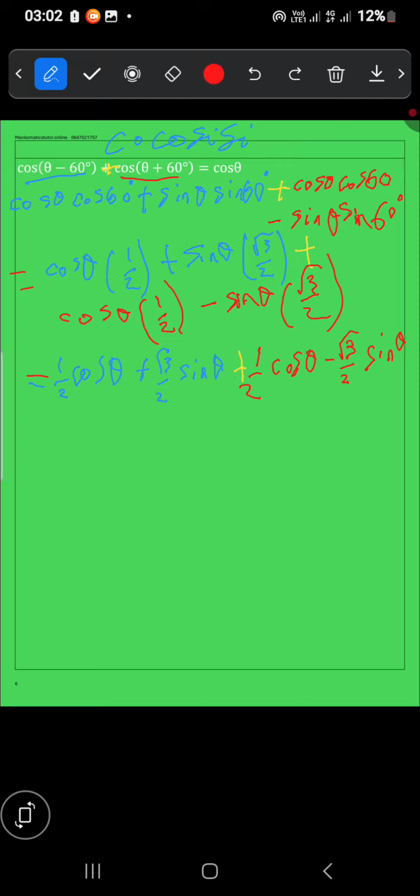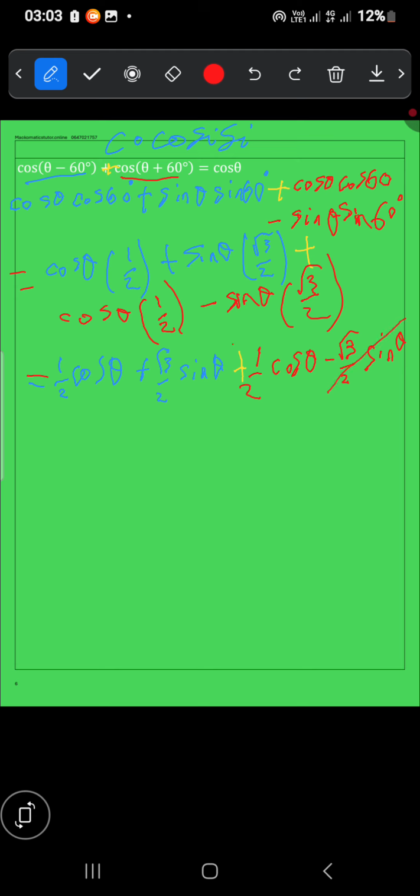All right, let's add like terms together. To add like terms together, we realize that now this and that will cancel, because this is positive root 3 over 2 sine, negative root 3 over 2 sine.